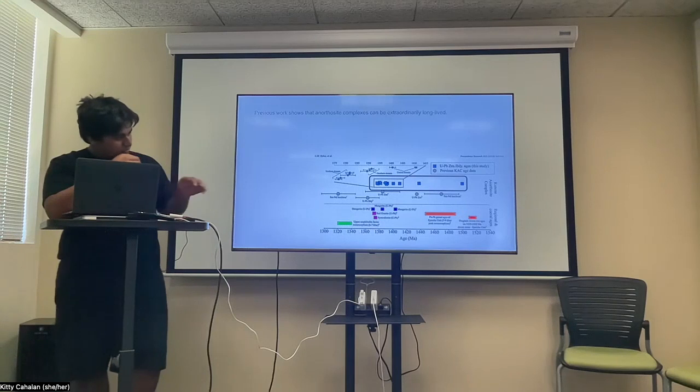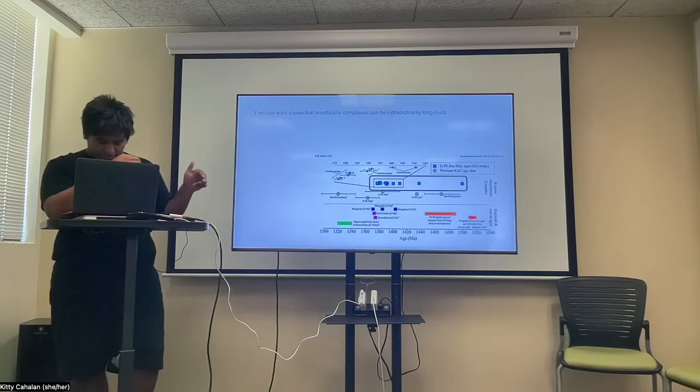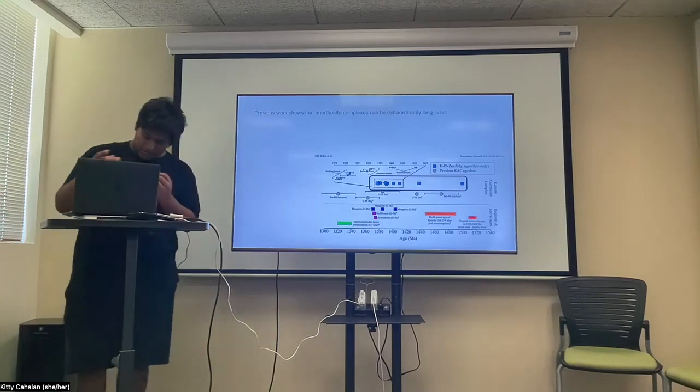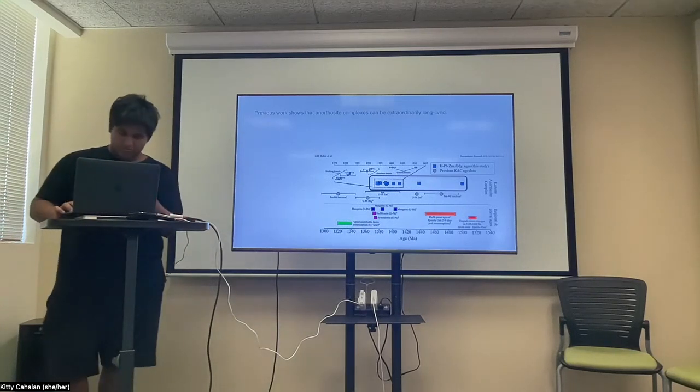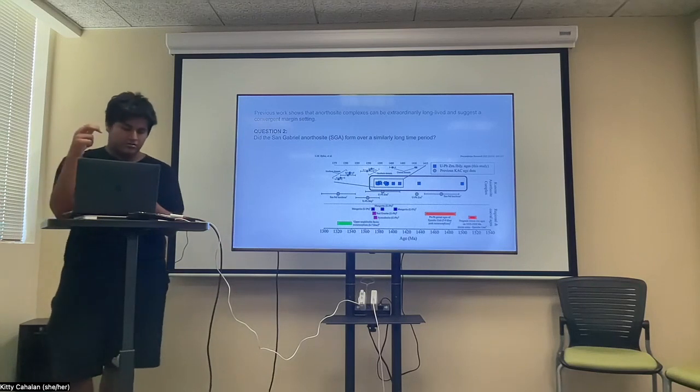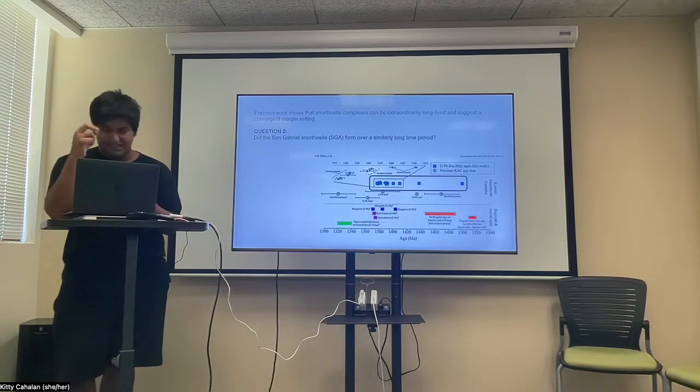What they found is that the oldest zircon age is 1,500 million years ago, and the youngest is 1,320 million years ago, indicating crystallization occurred over 180 million years. That is a long time even in geologic terms. So here's our second question: did the San Gabriel anorthosite form over a similarly long time period?